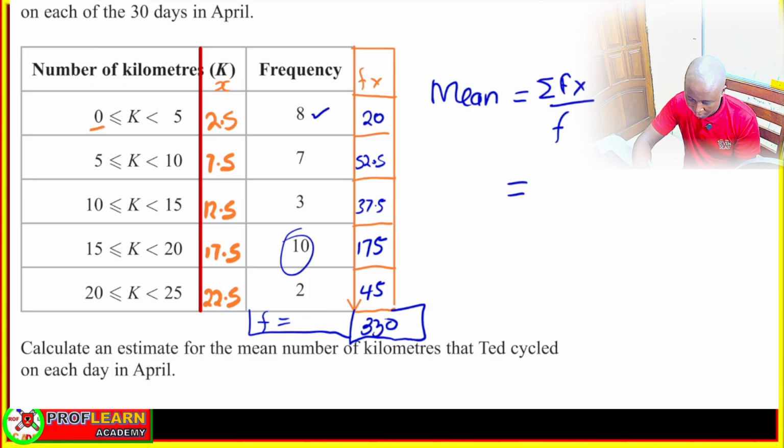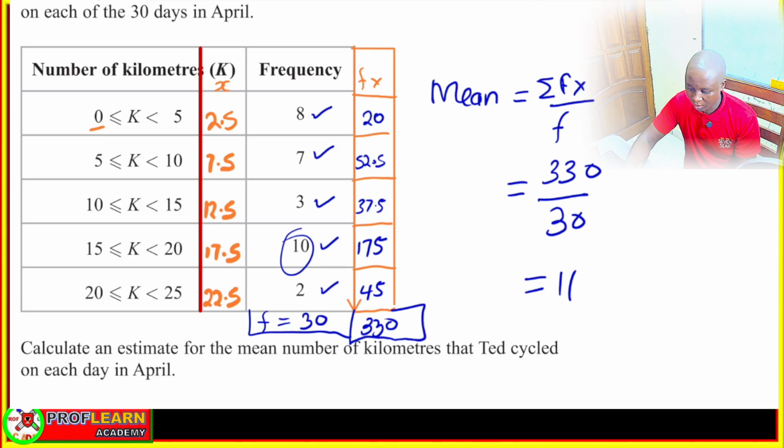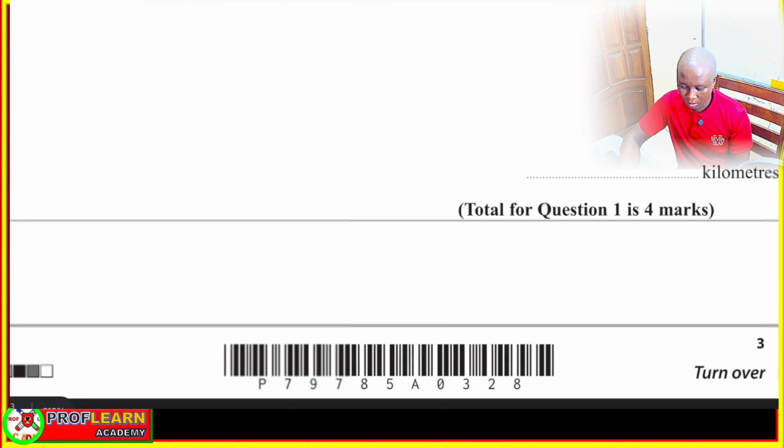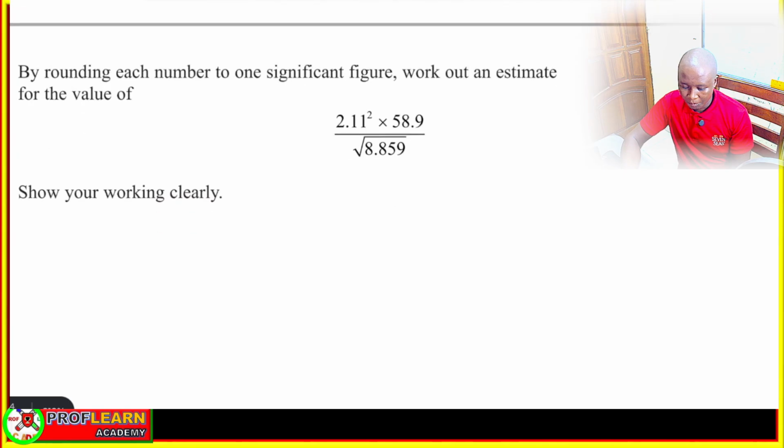This is going to be 8, 15, 18, 28, and then with this we get our total 30. So that's going to be 330. We divide by 30, and of course that's going to be 11. So the mean in this case is going to be 11. That's basically what you are supposed to do whenever you are asked to work out a mean like that.